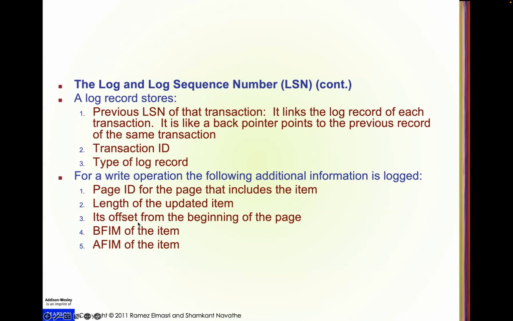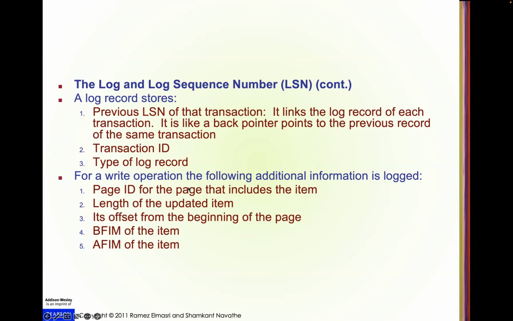Its offset, meaning the starting address from the beginning of the page, is also recorded. Its before image is recorded, and its after image is also recorded. So these 5 pieces of information are also logged whenever you have a write operation.